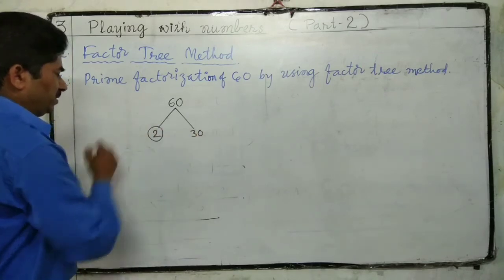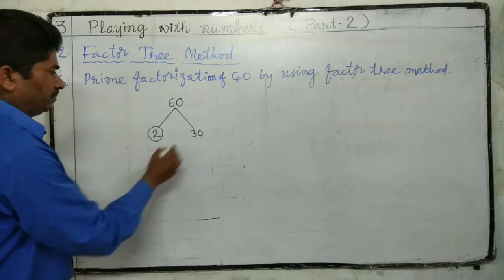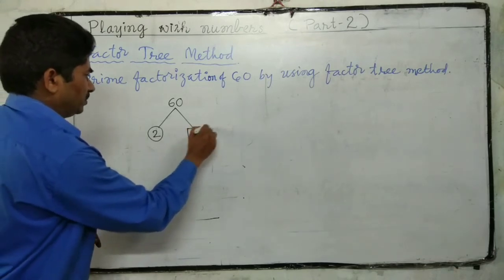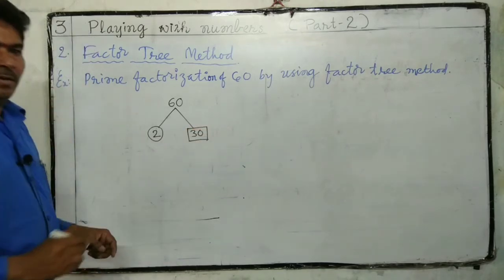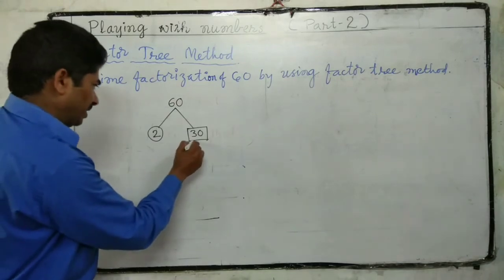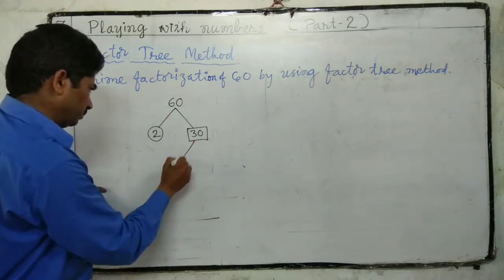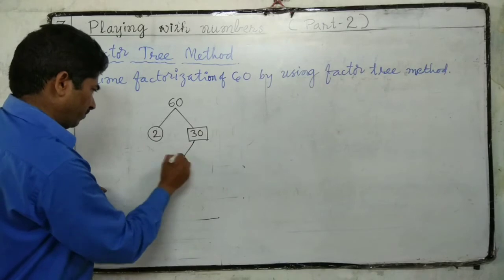This is a prime number, so encircle it. This is a composite number. Again take the smallest prime number for this. 2 fifteens are.